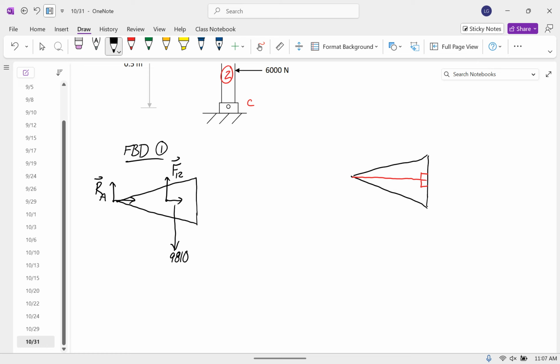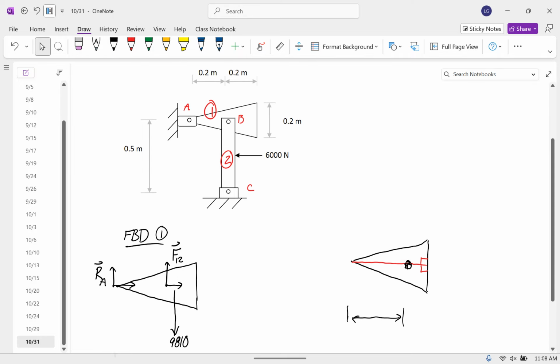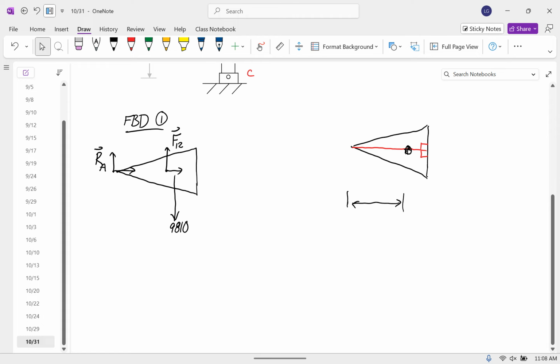So that means that we know the centroid has got to be on that axis of symmetry, and this distance is like 2 times the length over 3. The total length of that is 0.4.